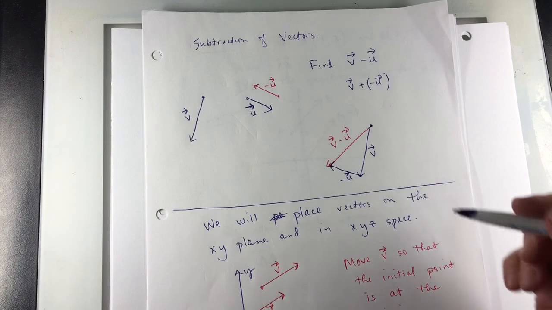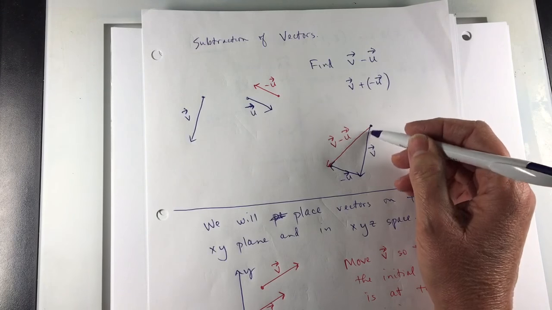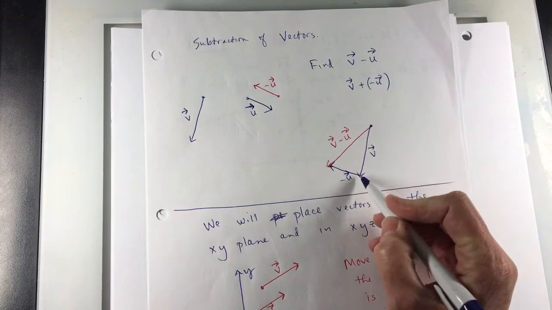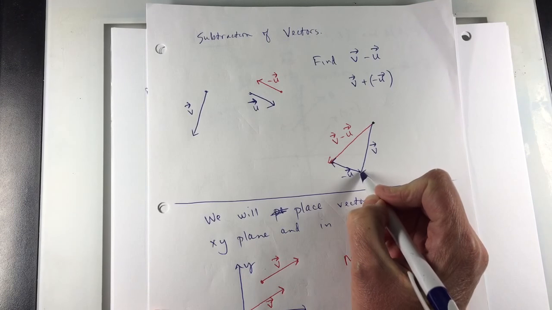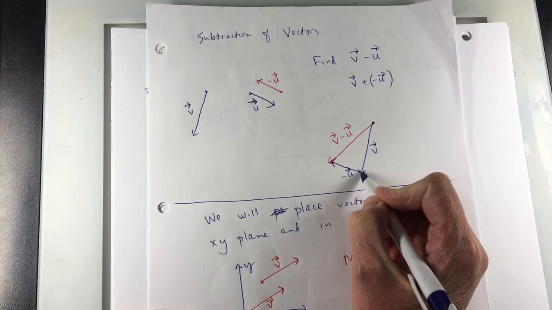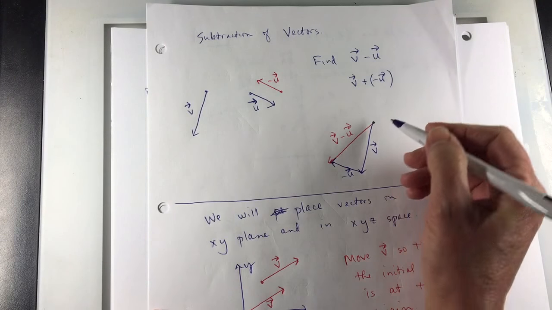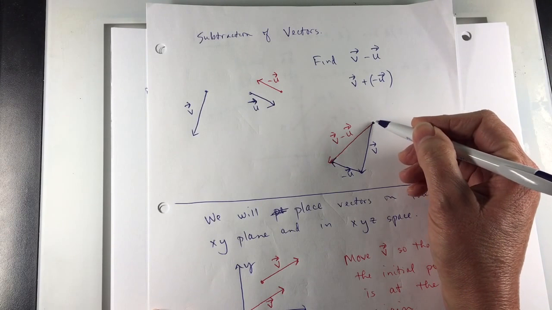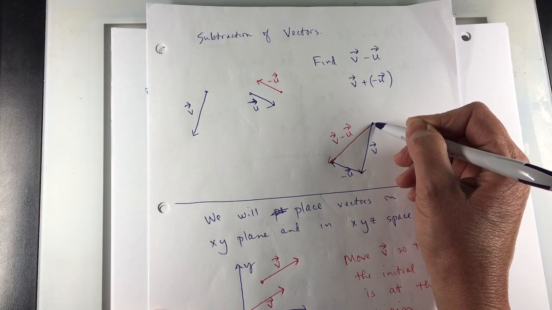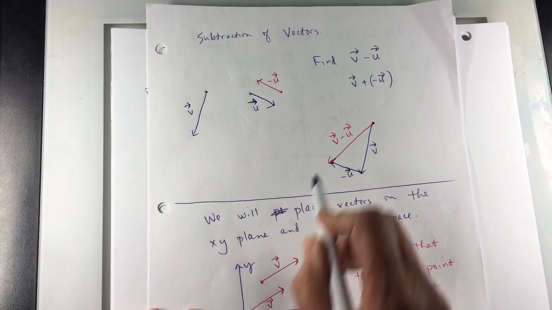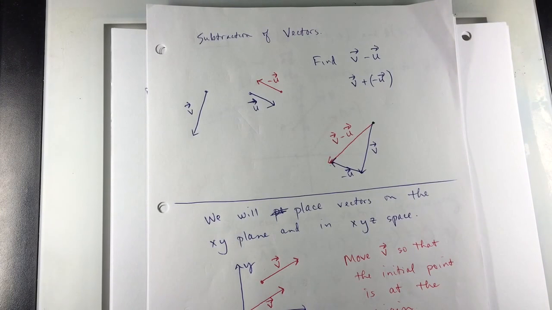So one way to do it, you have vector v, you put the tail of negative u on the tip of vector v, and then the answer is the vector that goes from the tail of v to the tip of negative u. The same for the addition, but you wouldn't have the negative vector.